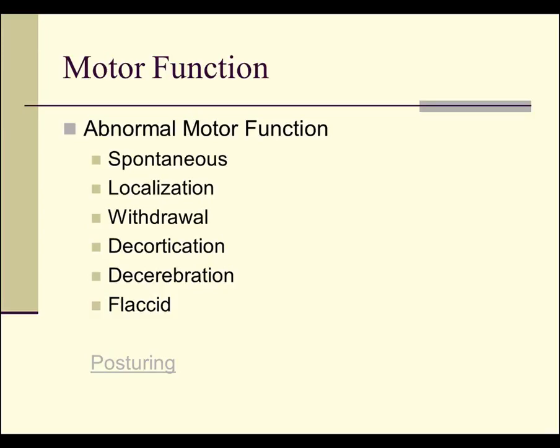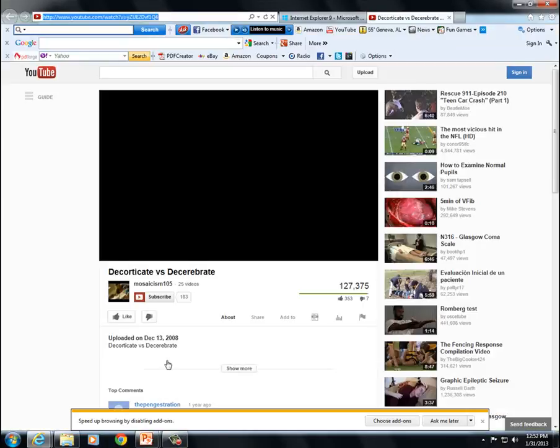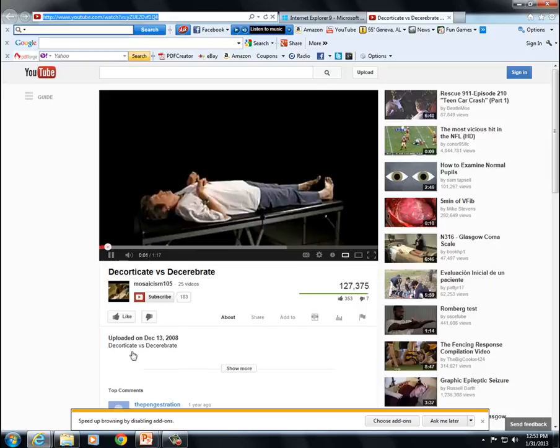And decerebration is usually when the patient has an injury to the brain stem. And then underneath that is your flaccid, and that's where there is no movement at all in the patient, even with a painful stimuli. And we're going to look at this video real quick. Patient is in the decorticate position.